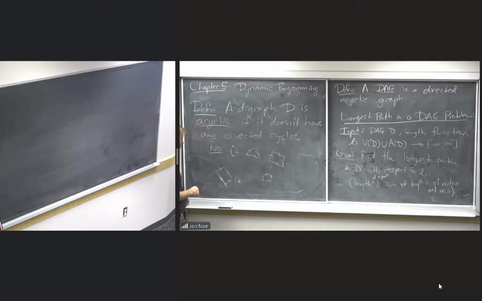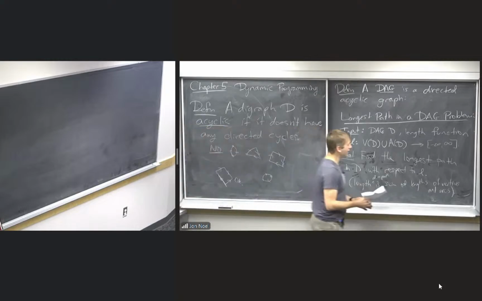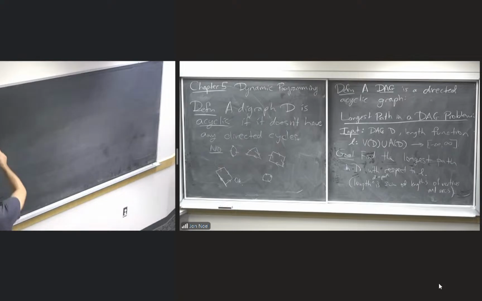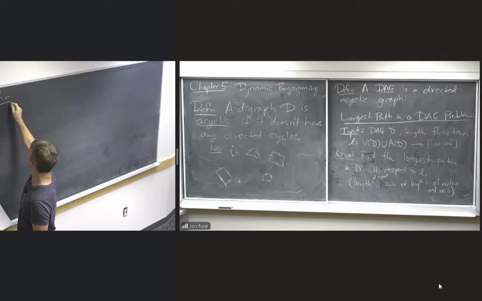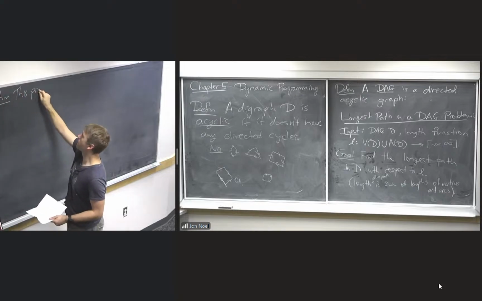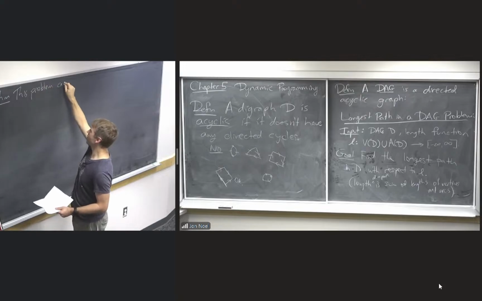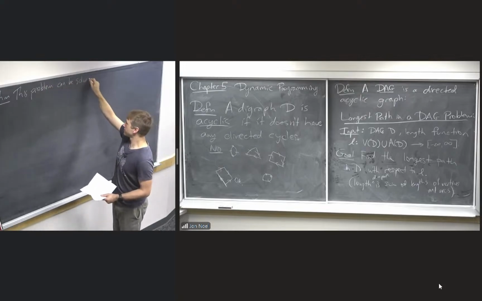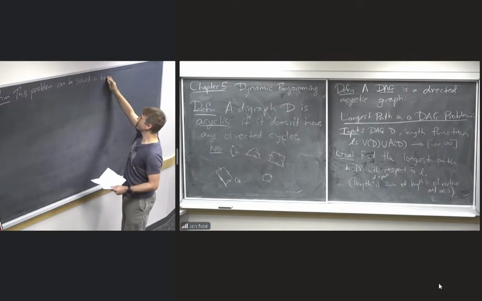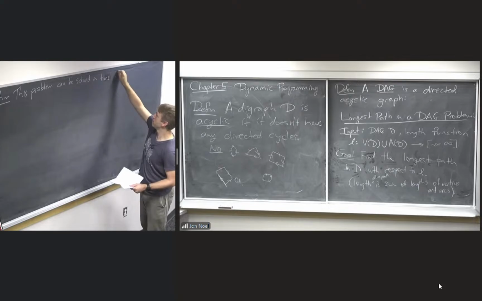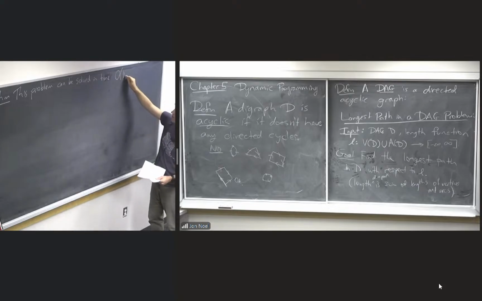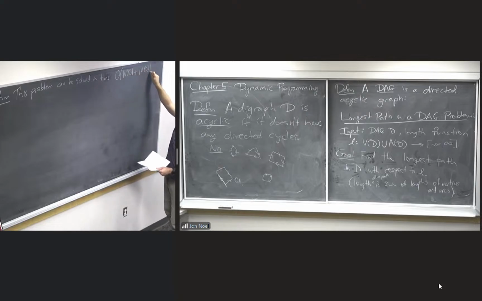So we're going to find an algorithm where it's hard to imagine anything that could go faster than this algorithm. I guess a theorem is that this problem can be solved in time big O of the number of vertices in the digraph plus the number of arcs in the digraph.